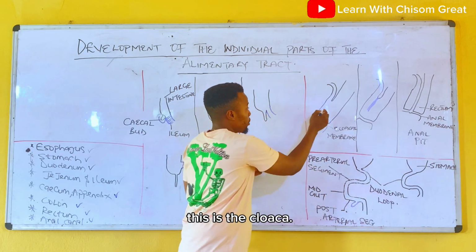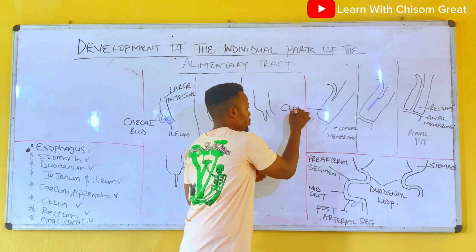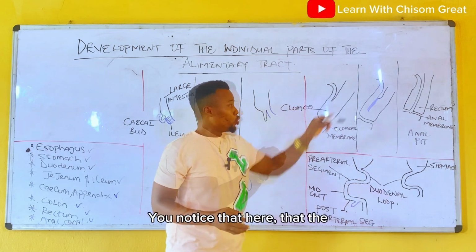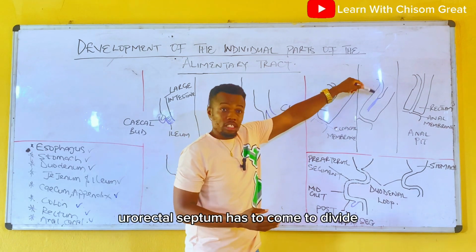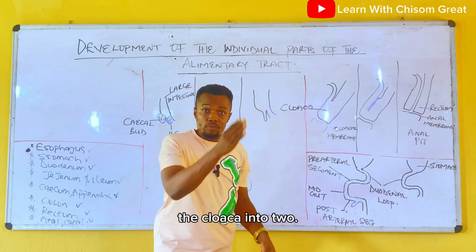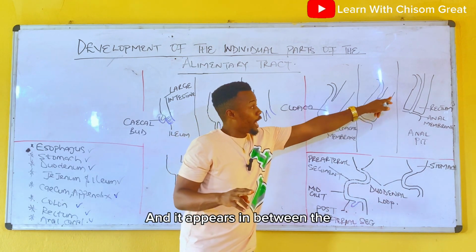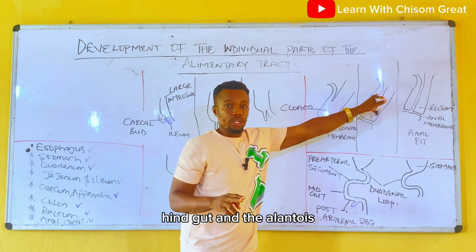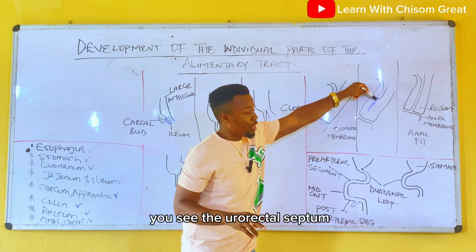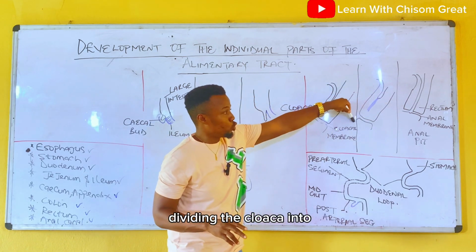So this is the cloaca. You notice here that the urorectal septum comes to divide the cloaca into two, and it appears in between the hindgut and the allantois. So you see the urorectal septum dividing the cloaca into two.